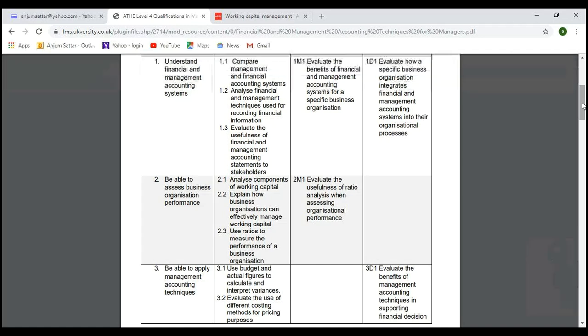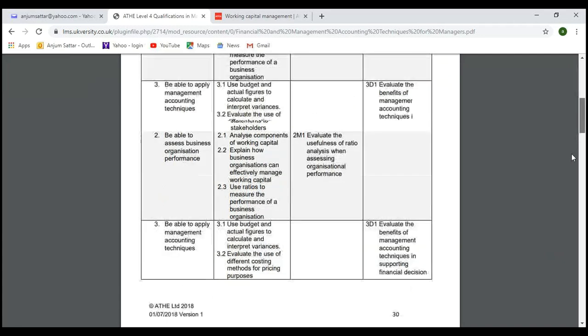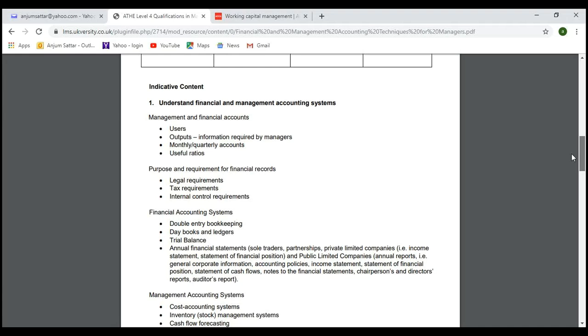We discussed the use of financial statements, how we can record transactions in the books of accounts, the books of prime entry, management and financial accounts, users, outputs, monthly and quarterly reports, and the use of ratios.